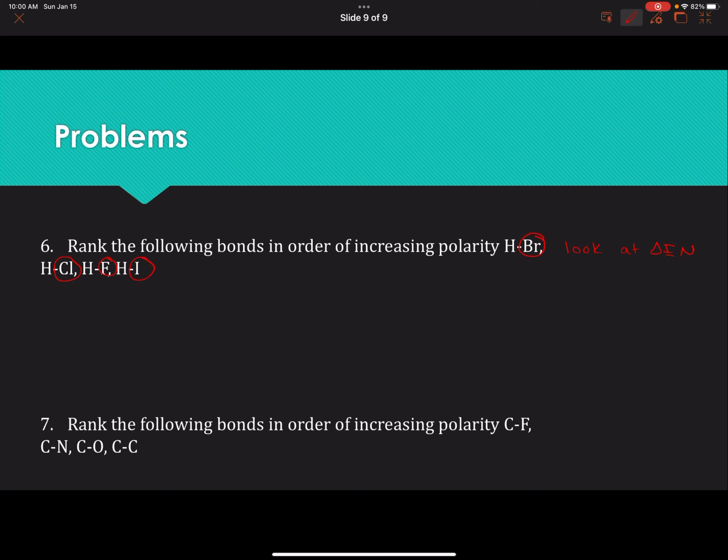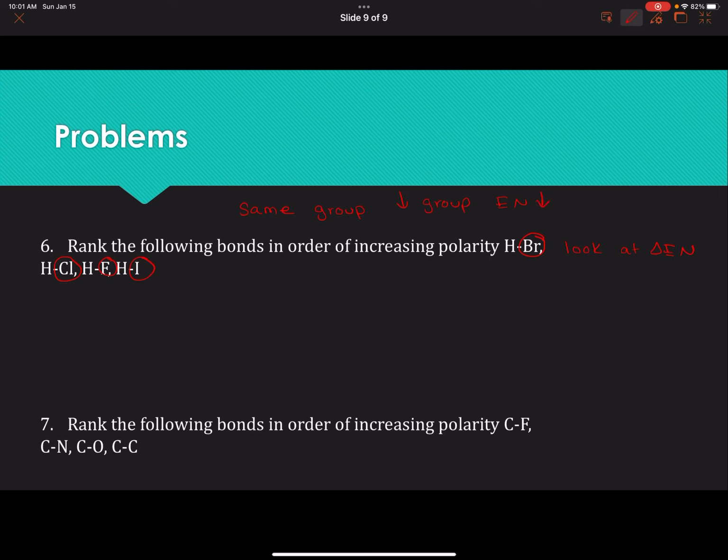So we're going to look at their differences in electronegativities. What we're going to find, so these are all in the same group. And remember, our trend is that as we go down a group, that electronegativity is going to decrease.